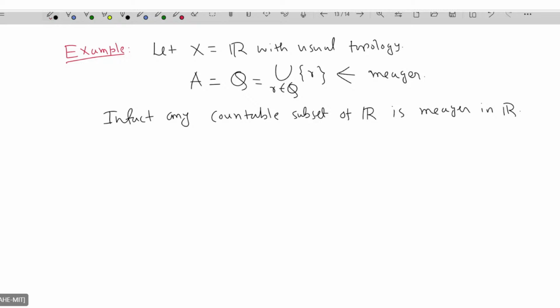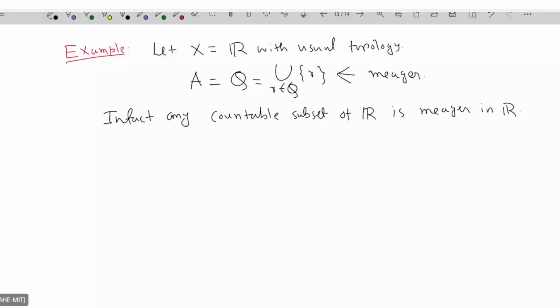Consider X as a finite set. In that case, it might be possible that its complement is also meager. If we consider Q as a subspace of R, for this same example, whatever subset of Q we consider will be meager, and its complement is also going to be. Is it? Okay, we have to check it a little bit.